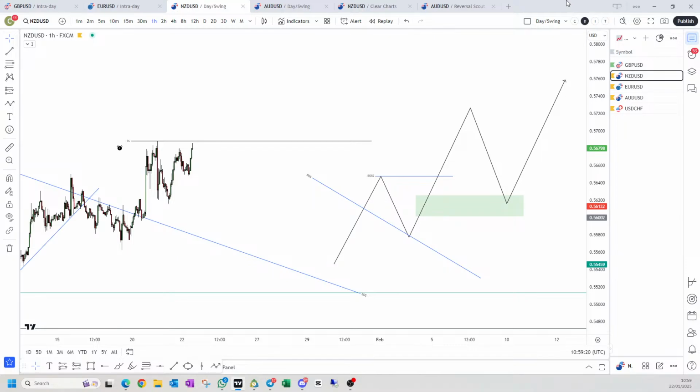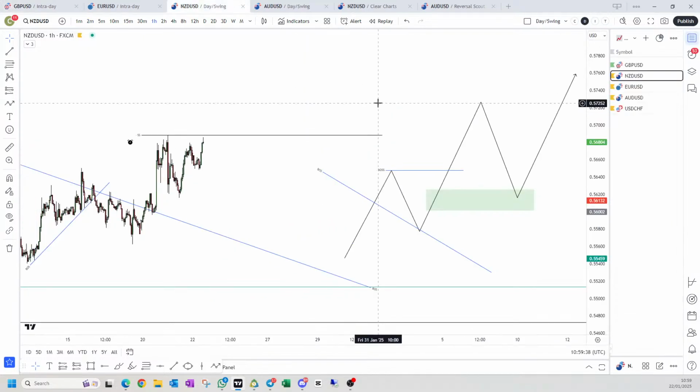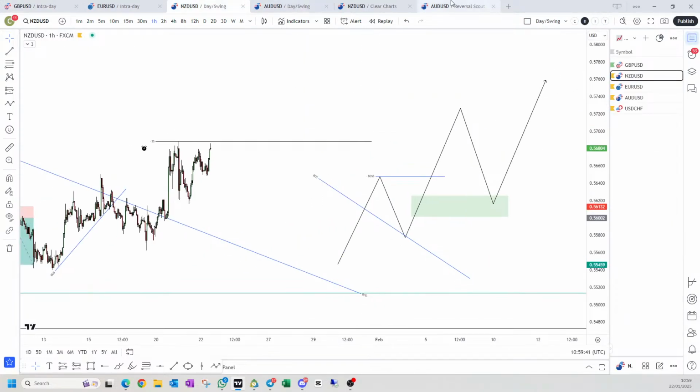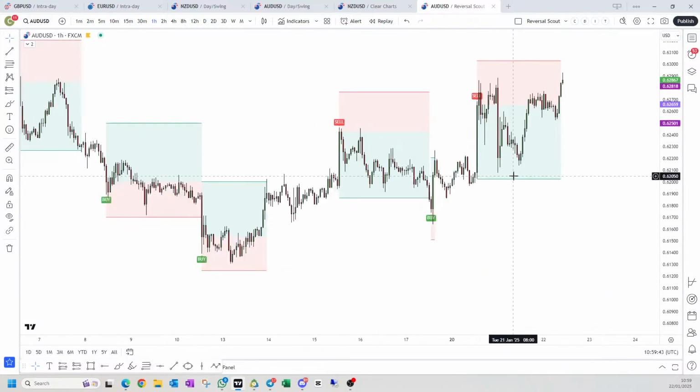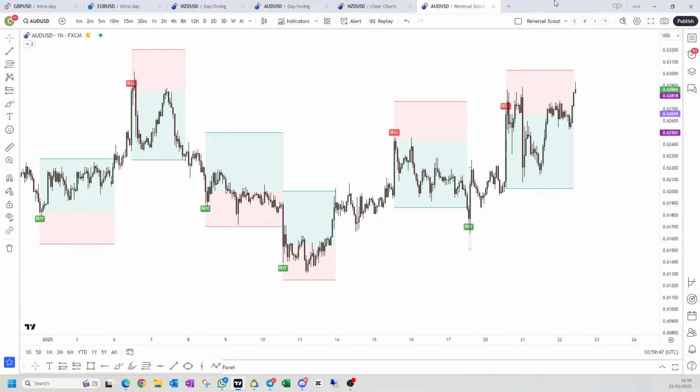So yeah, you mentioned a team. Does everyone trade the same way, or are others looking at different markets? So with our team, we have probably like 7+ strategies. So here you can see my day trading, swing trading strategy. I've got my intraday strategy. We've also got another swing trading strategy. We've got the reversal scout, which I mentioned at the start of this video. What you're looking at here is a Pine script code.